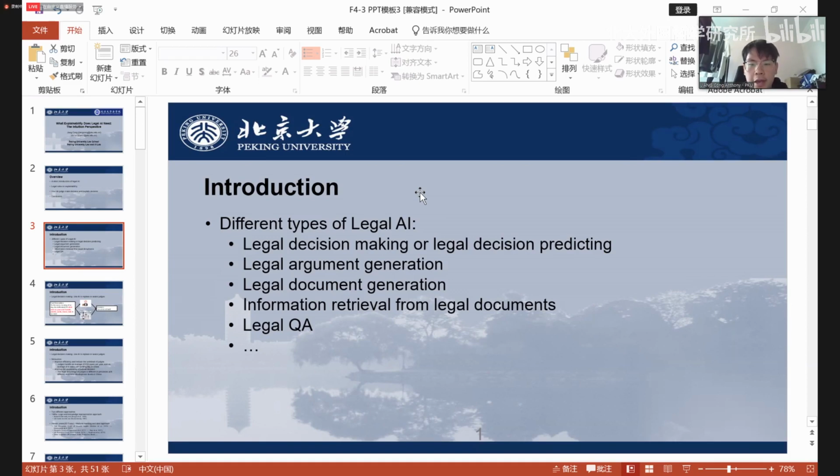If we use the AI from the perspective of the public or ordinary people, we call the task legal decision predicting. And there are many other types of legal AI, such as argument generation, legal document generation, information retrieval from legal documents, and legal QA.